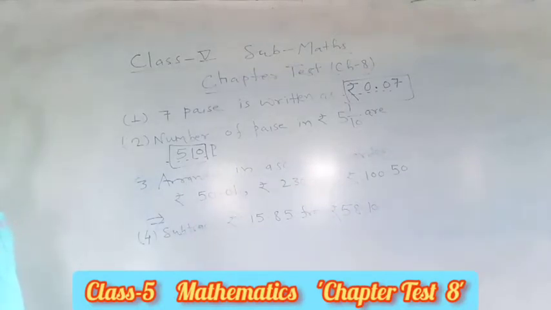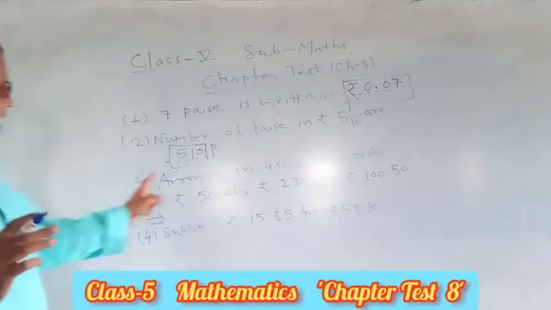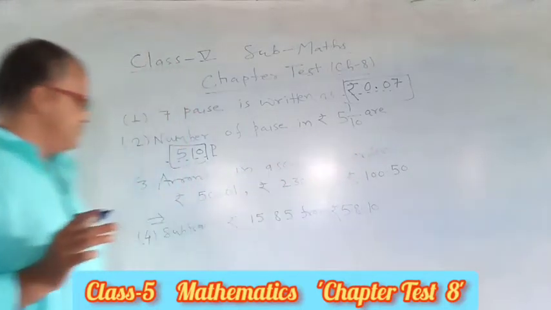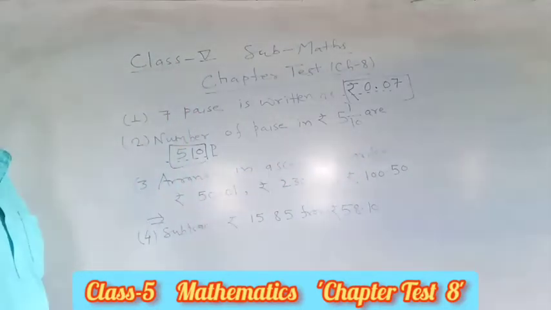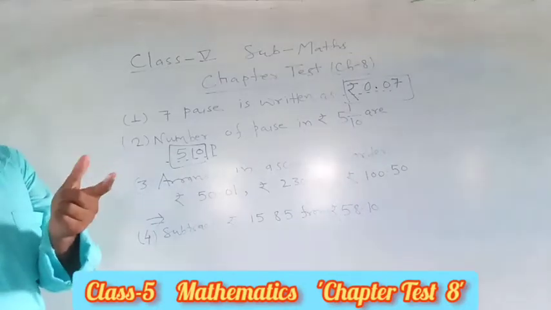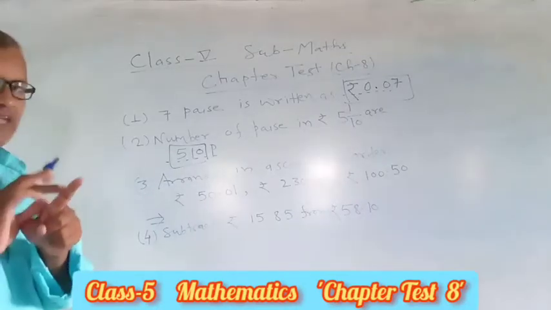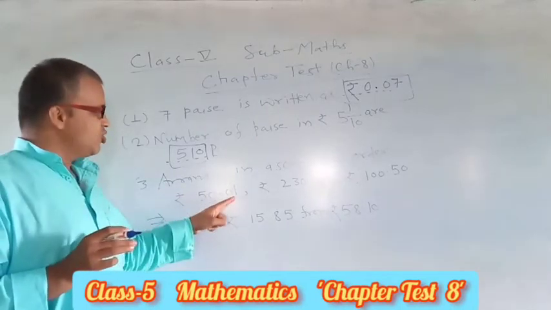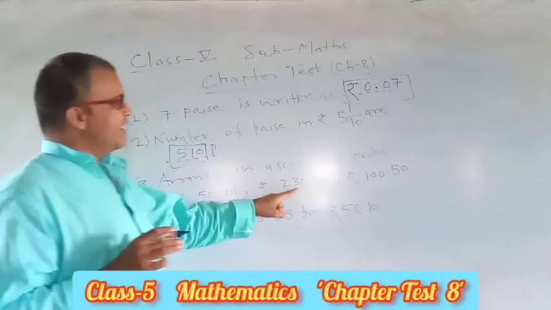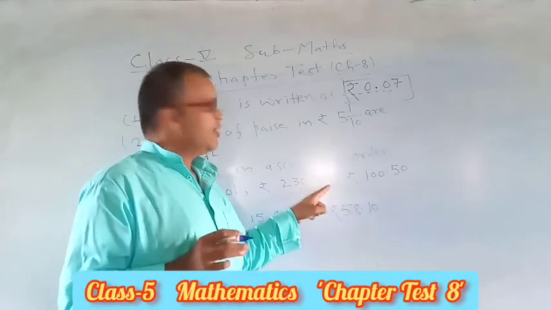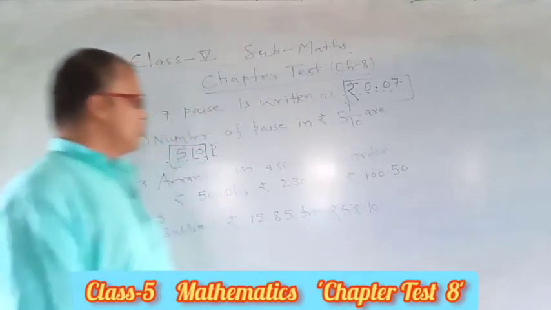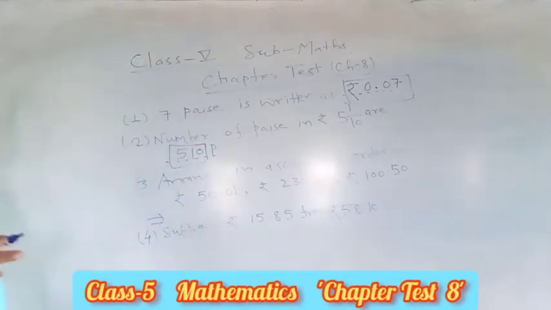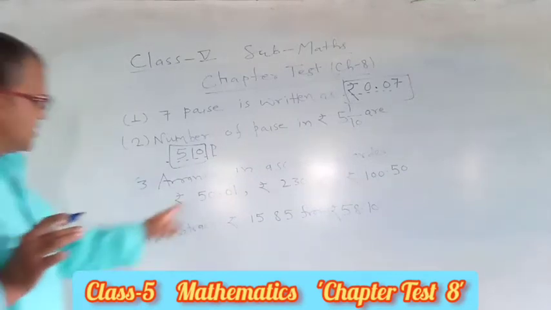Now you have question number 3. Arrange in ascending order. Ascending order, you know, means increasing order, or you can also say from lowest to highest. The question gives rupees 50.01, rupees 230.45, rupees 100.50. Among these, which is the lowest?